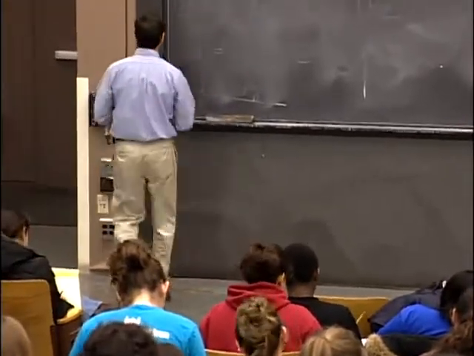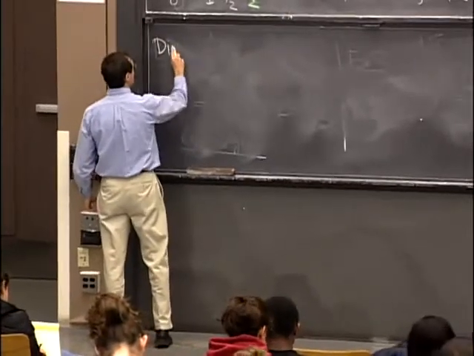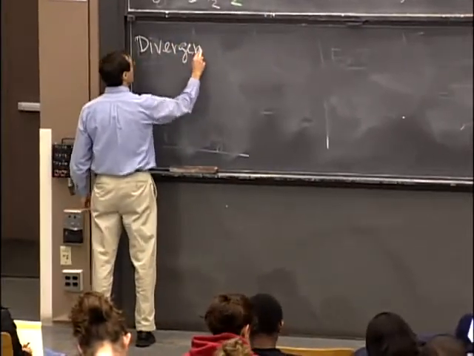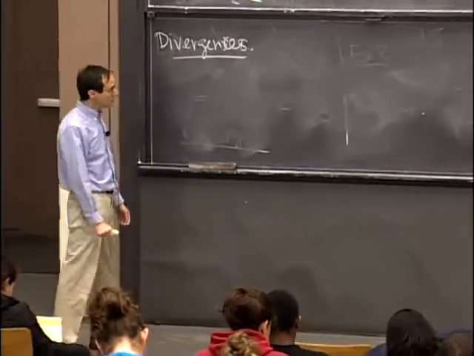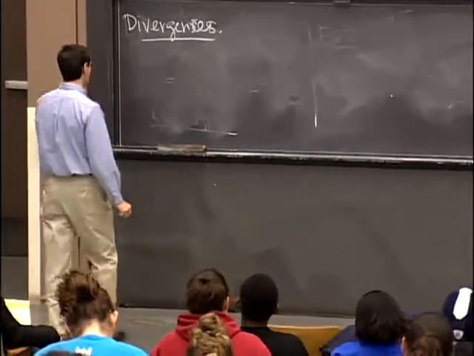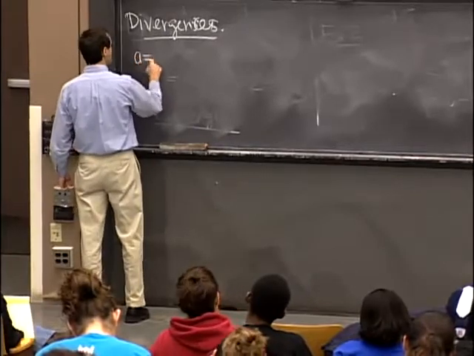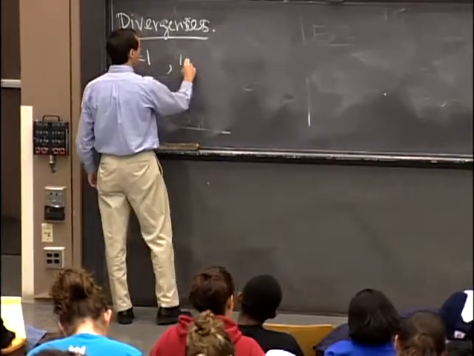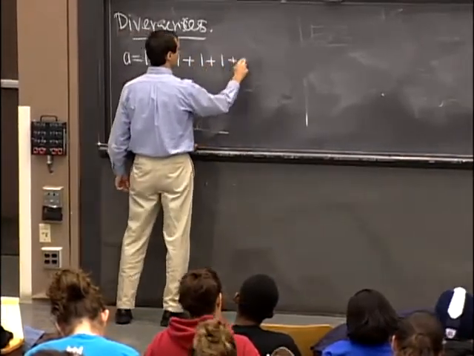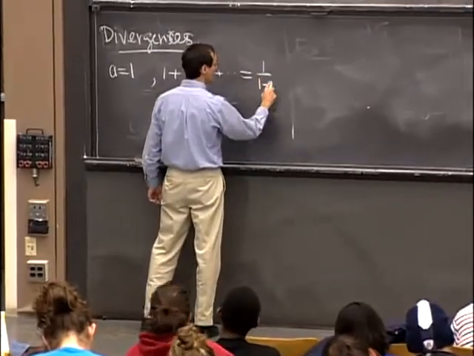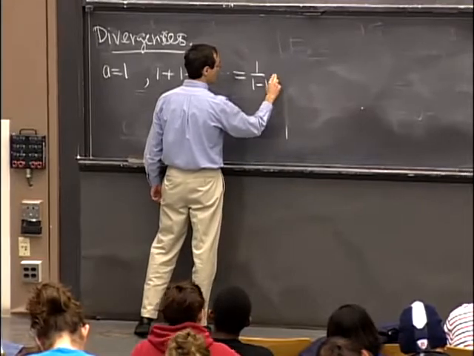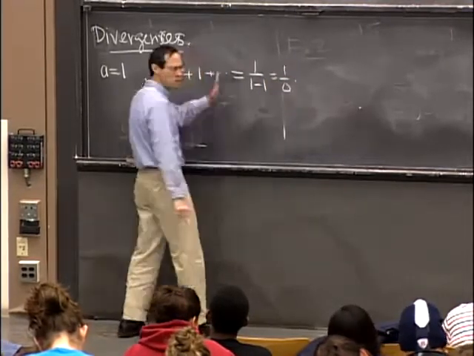So let me illustrate the divergences before going on. And this is what we have to avoid if we're going to understand series. So here's an example. When a is equal to 1, you get 1 plus 1 plus 1 plus, etc. And that's equal to 1 over 1 minus 1, which is 1 over 0. So this is not bad.